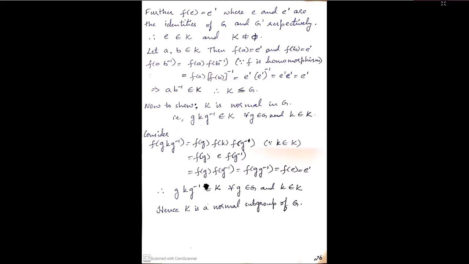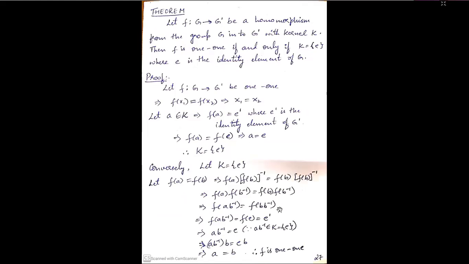As k is an element of K, f of k is nothing but identity. So this is equal to f of g g inverse, and g g inverse is identity as g is an element of G. So f of e is equal to e dash. So therefore g k g inverse belongs to K for all g belonging to G and k belonging to K. Hence K is a normal subgroup of G.